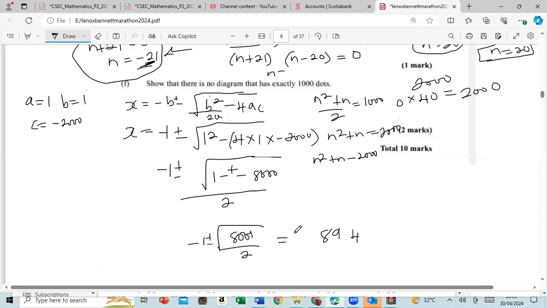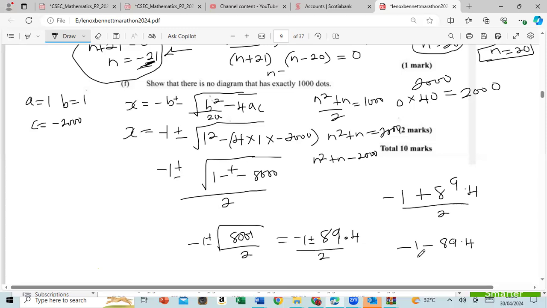So this now will be minus 1 plus or minus, over 2. And then we work out the values of x. When you have negative 1 plus 89.4 and then divide by 2, we get the x value. And when we have minus 1 minus 89.4, divided by 2.